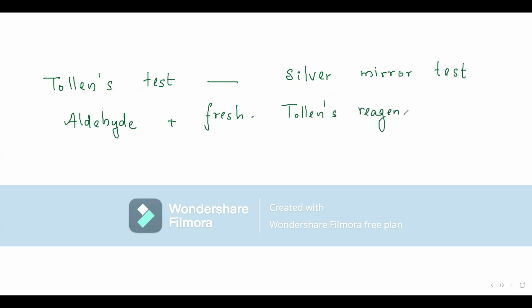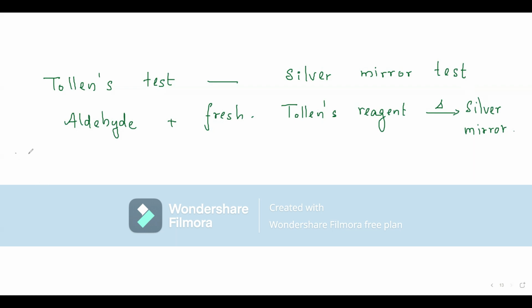Heat it with the aldehyde, and you will get a silver mirror.